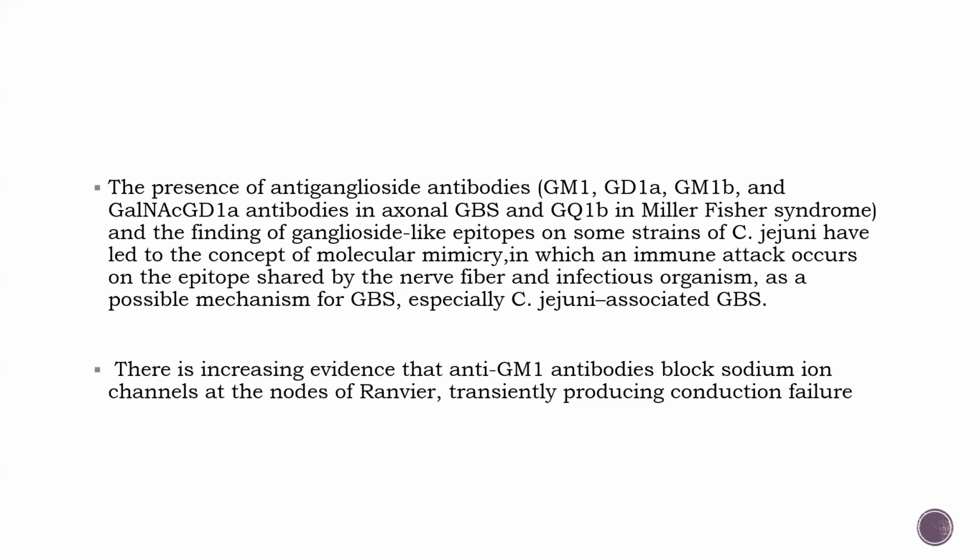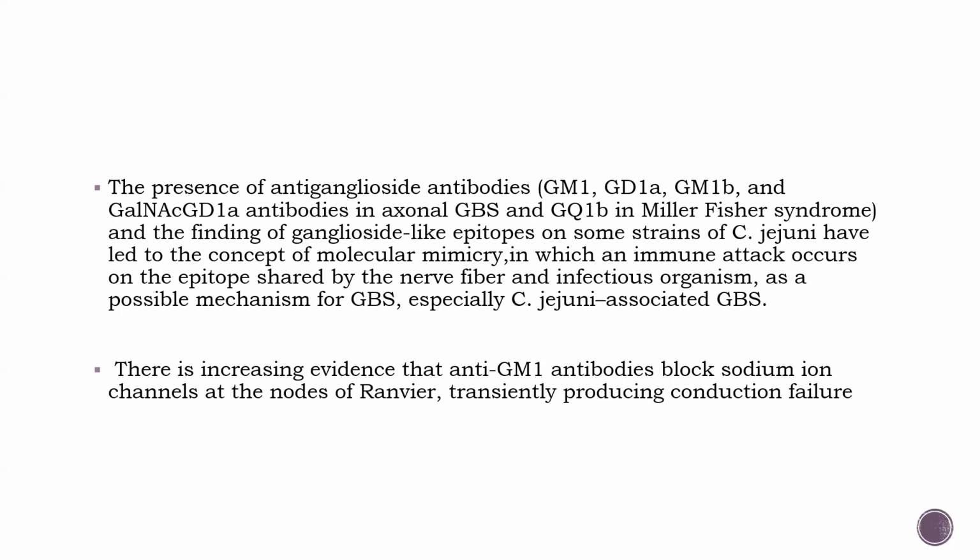syndrome, and findings of ganglioside-like epitopes on some strains of Campylobacter jejuni, have led to the concept of molecular mimicry, in which immune attacks occur on the epitope shared by the nerve fiber and infectious organism as a possible mechanism for GBS, especially Campylobacter jejuni associated GBS.